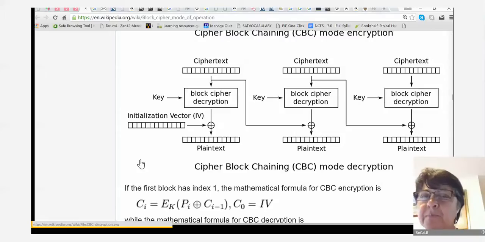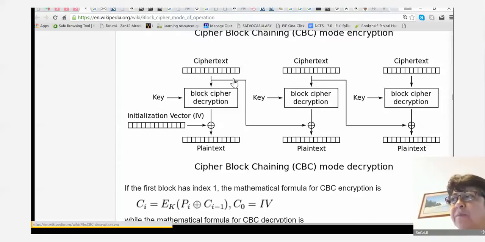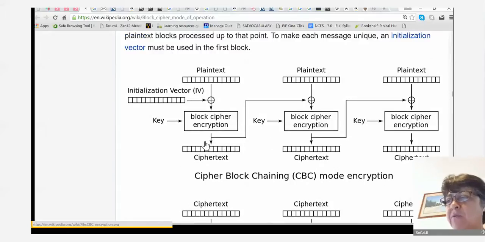And then remember how the following IV was the ciphertext? If you recall, the second IV is the ciphertext from the first operation, and the next one and the next one just changed like that.